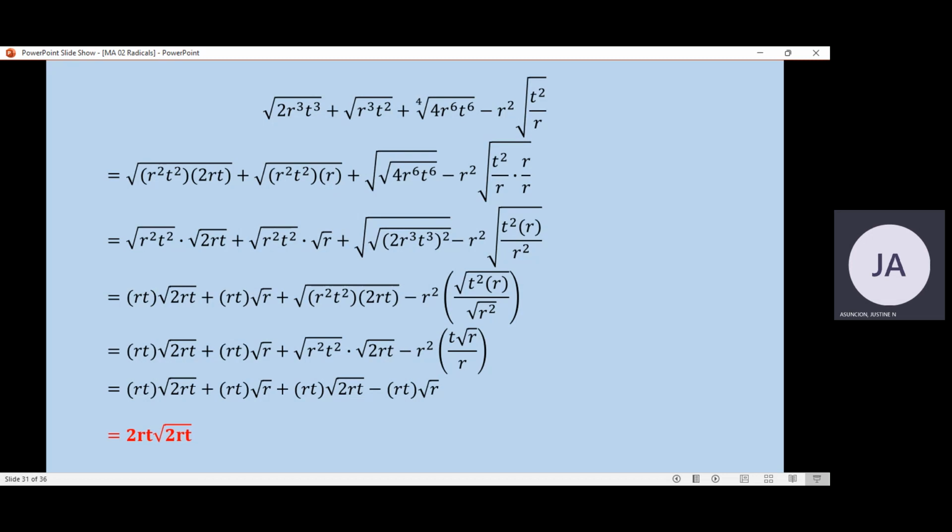So we have rt square root of 2rt plus rt square root of 2rt, which is 2rt square root of 2rt. Again, the second term and the fourth term are just simply 0. So that's for the addition and subtraction of radicals.